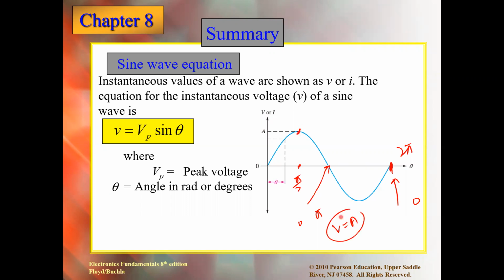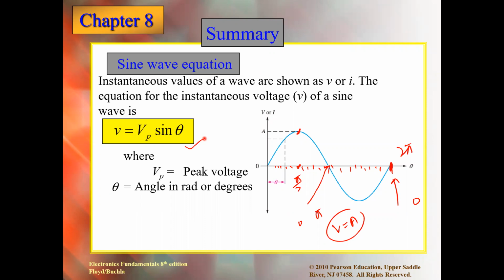But what if, guys, we want to check the voltage or current at any instant, meaning at any place, for any given angle? For that we have an equation. This equation is called the instantaneous voltage equation.